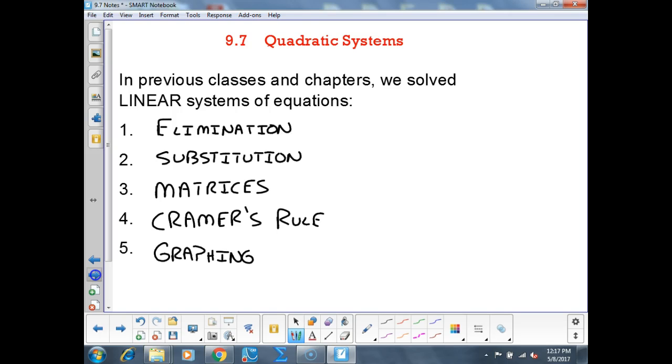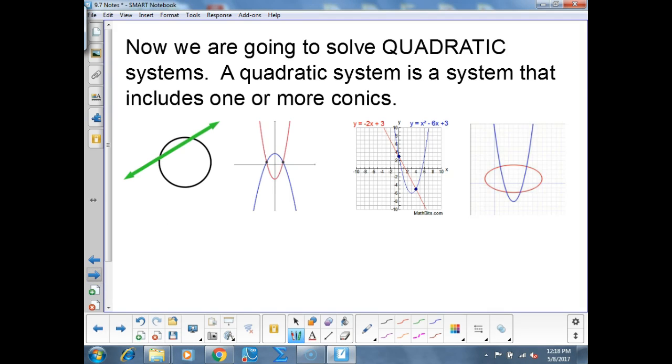The problem is those 5 only work when it's line versus line. Today, what we're going to do is intersect a line and a circle, or a parabola with a parabola, or a line with a parabola, or a parabola with an ellipse, or a hyperbola with a circle.